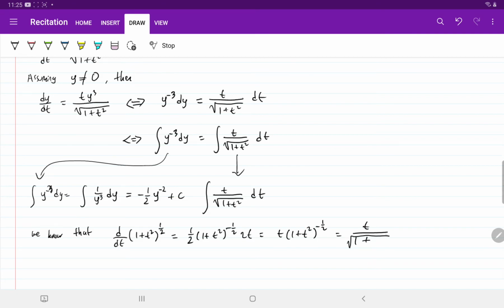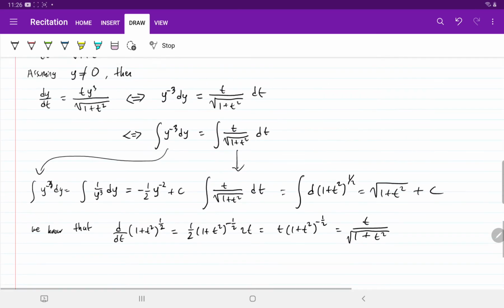So we know that this is equivalent to d of 1 plus t squared to the 1/2. So you have square root 1 plus t squared plus c.